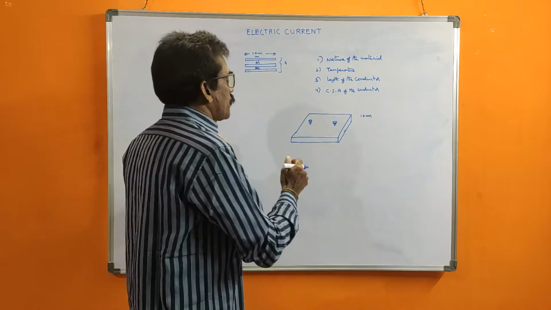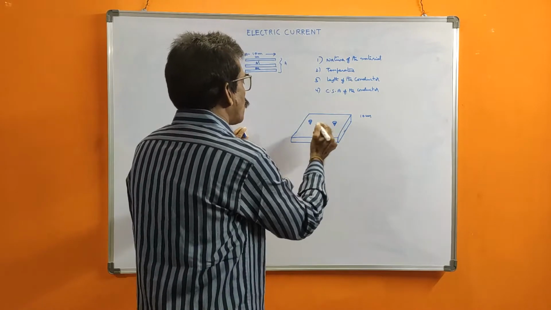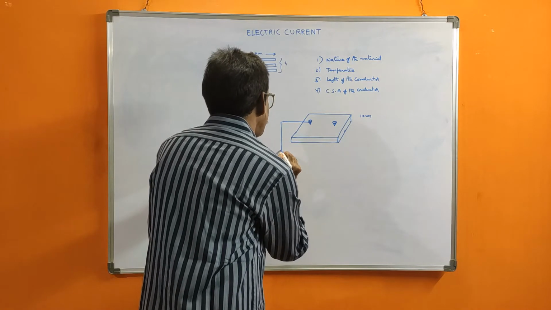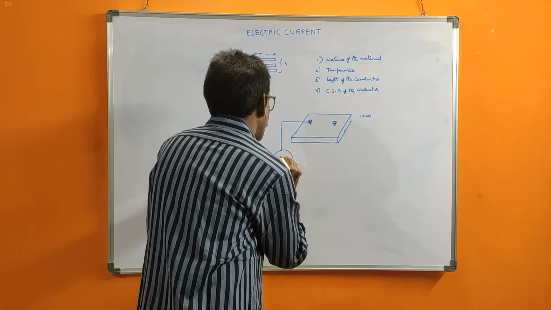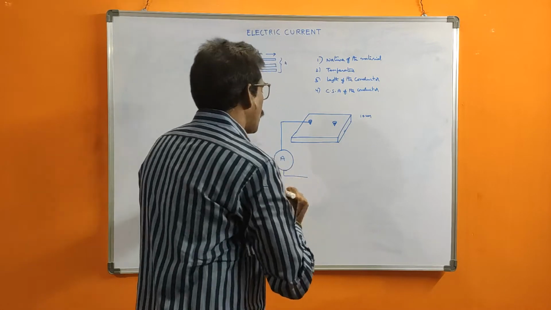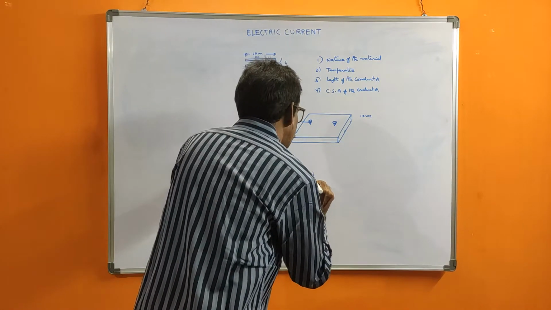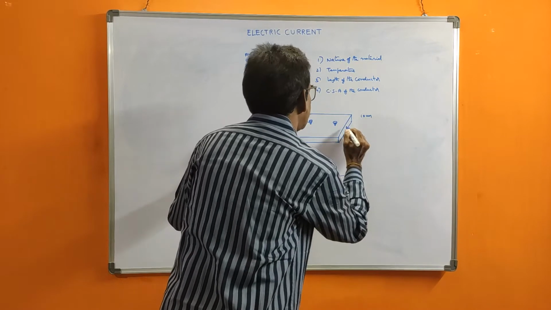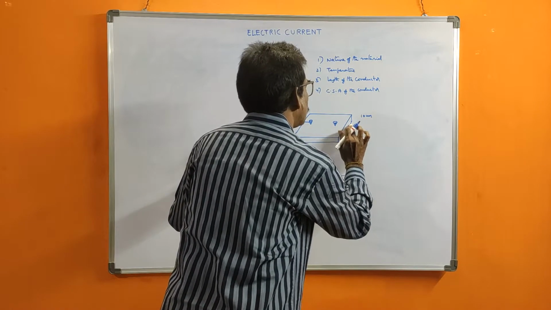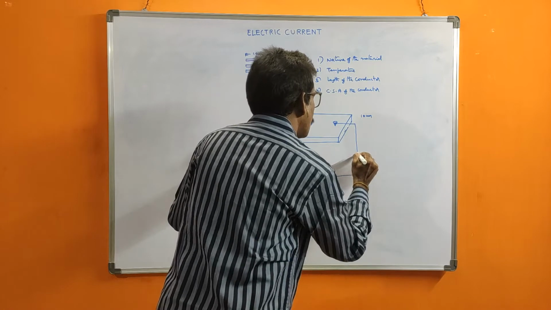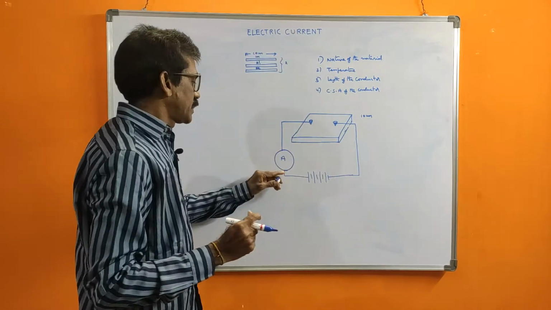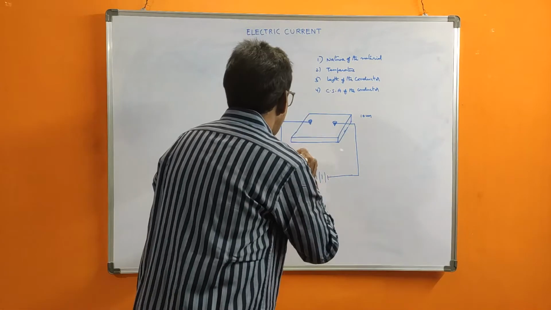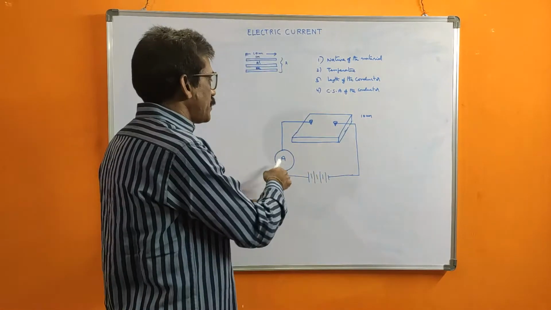Next, this is the wood block, then the connection should be like this. Here we also want an ammeter. To measure the current flowing through these conductors, we connect an ammeter in series.